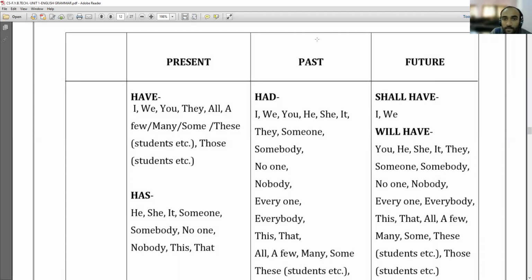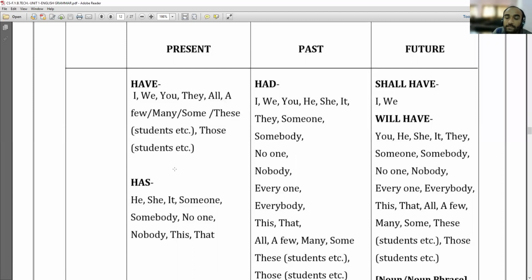Okay, so for denoting the possession or ownership in the present tense, or in the present time, we have to use have or has. आपल्याला have किंवा has चा यूज करावा लागतो for denoting the possession or ownership. आपली मालकी असेल किंवा आपलं possession ताबा असेल तो दर्शवण्यासाठी आपण काय करतो have किंवा has चा यूज करतो.